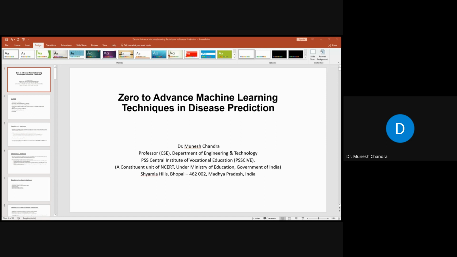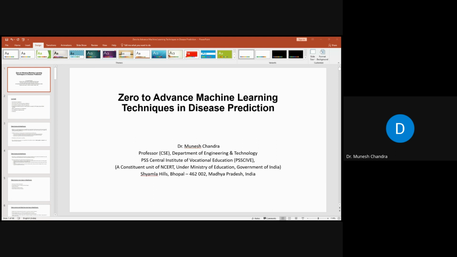It is not practically possible to do the manipulation, identification, and recognition of such large and complex data manually. That's why we are using machine learning algorithms and data science techniques to identify the disease at an early stage.